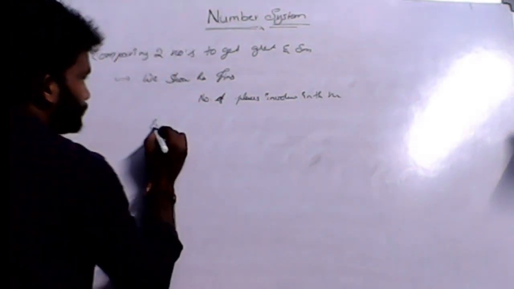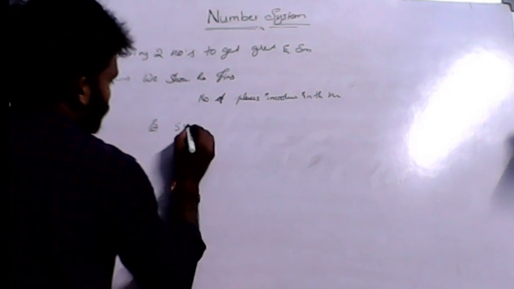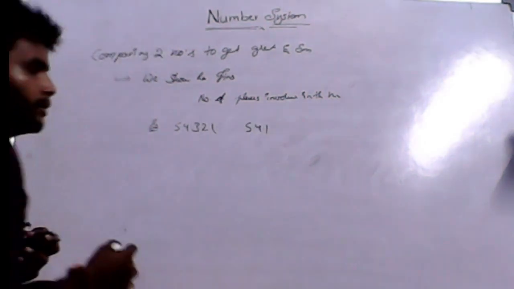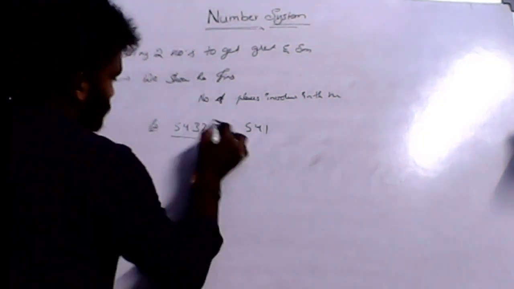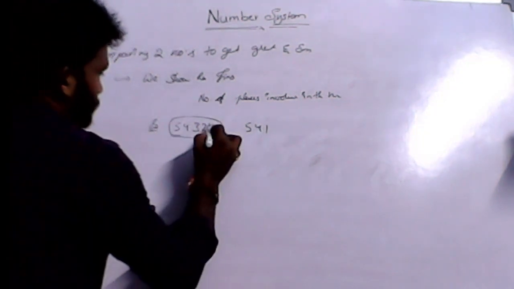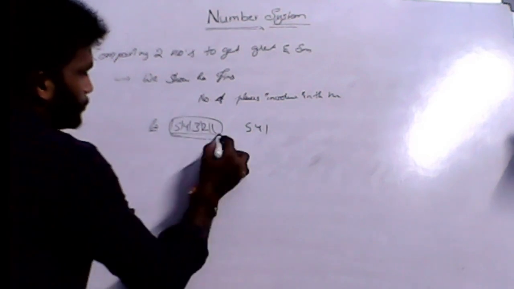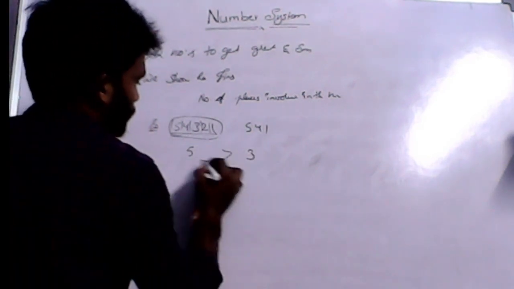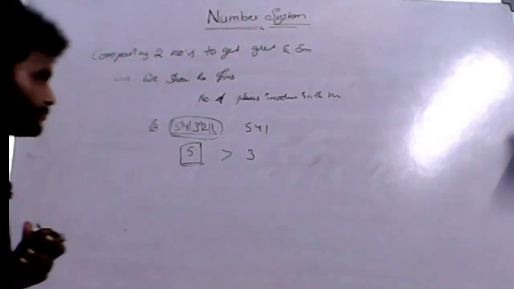For example, 54321 and 541. In this, 54321 has 5 places. So the number which has more places will be the greatest number.